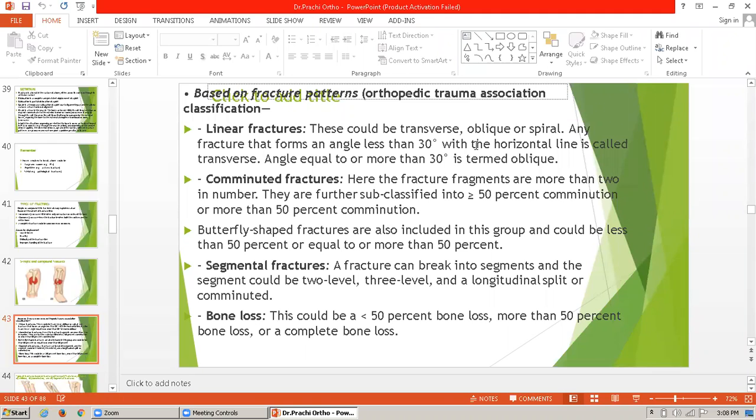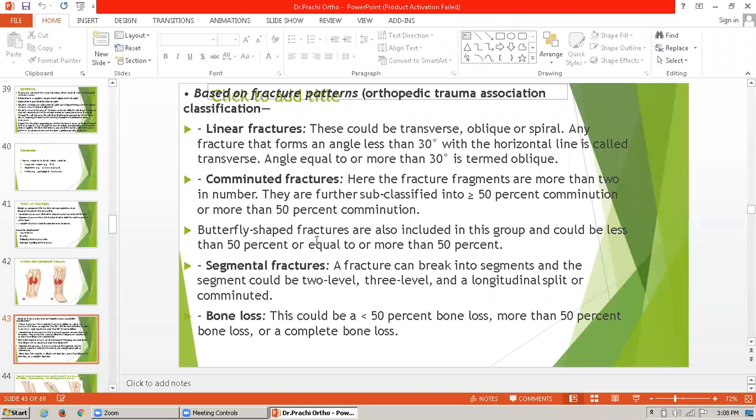A linear fracture could be transverse, oblique, or spiral. A fracture forming an angle of less than 30 degrees with the horizontal line is transverse, and an angle of 30 degrees or more is termed oblique. In a comminuted fracture, the fracture segments are more than two in number, and they are further subclassified into less than 50%, 50%, or more than 50% contact.